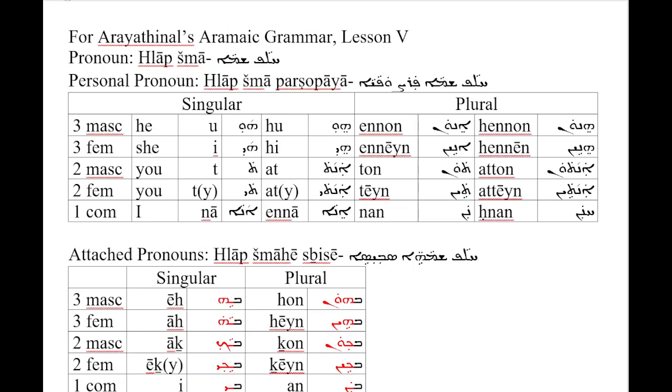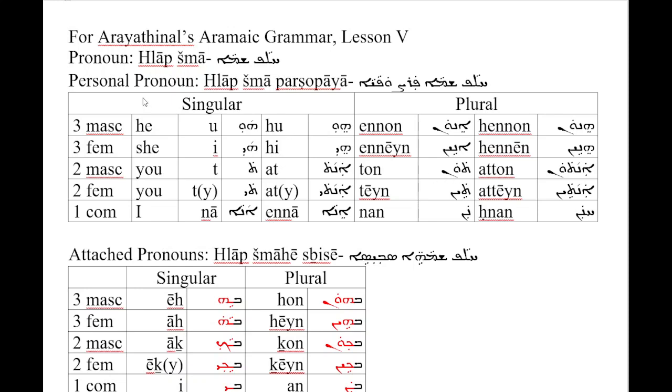Let me take you through it and use it as a reference; go look through the chapter as far as it interests you, but I'm trying to keep it condensed because there's too much in Arayathinal for a first introduction.